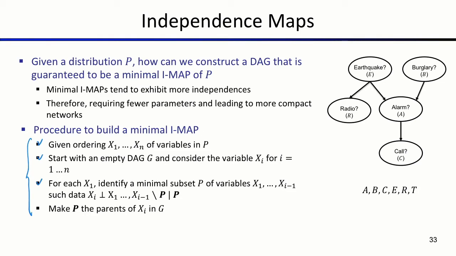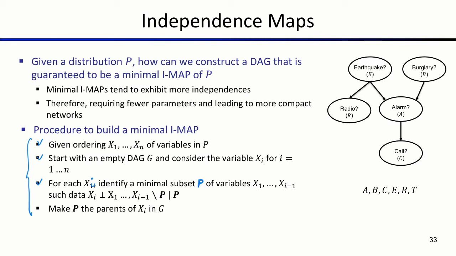And the third step, for each variable xi, so there is a typo here, we identify a minimal subset P, this should be in boldface to be different from the probability distribution P, of variables x1 until xi minus 1.